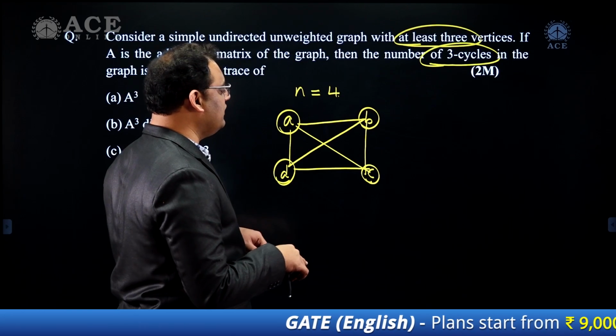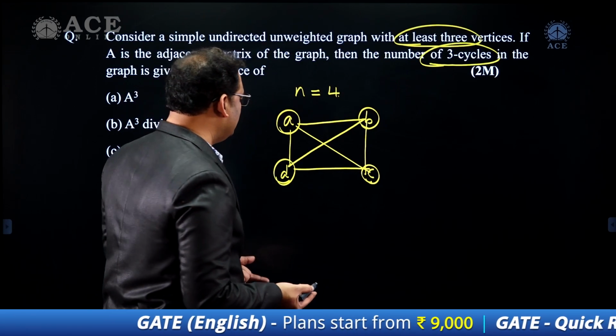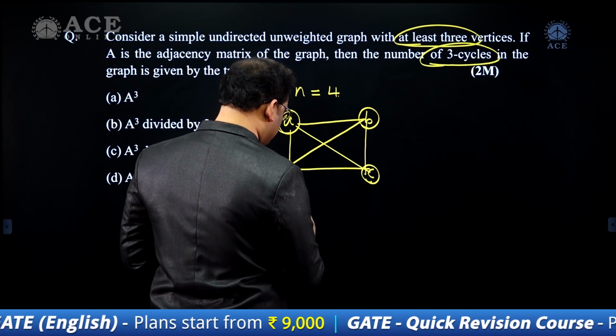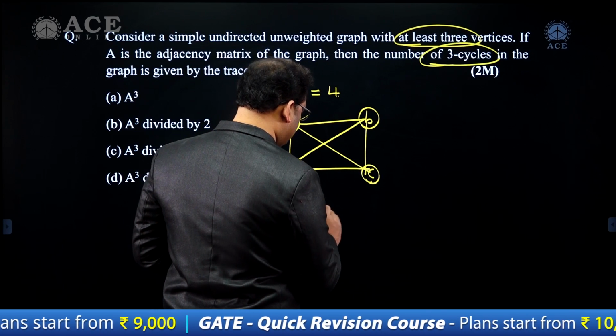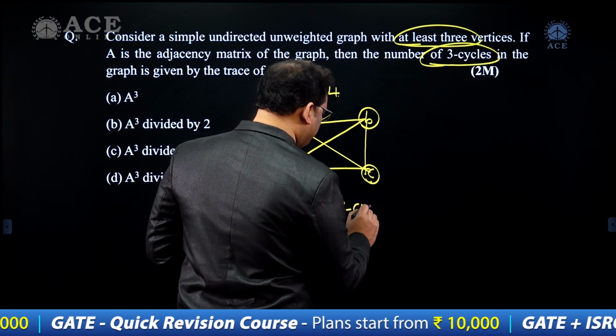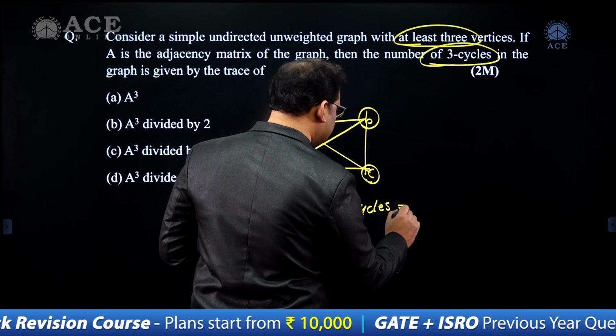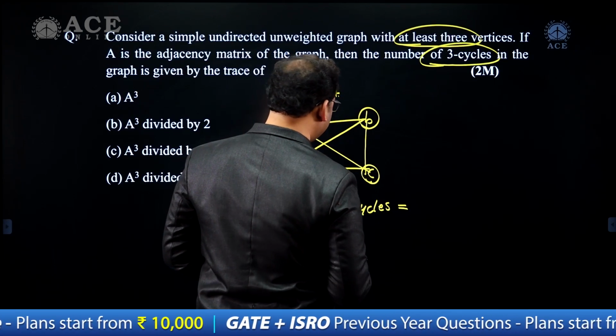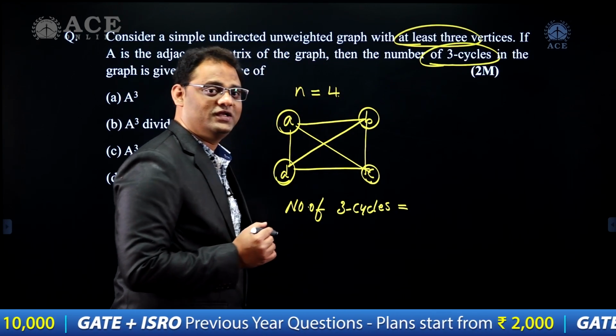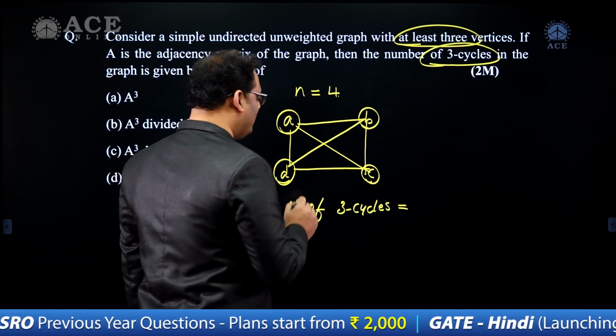So from this K4, we know very clearly the number of 3 cycles possible. 3 or 4, how many possible? Right? Yeah, 4 I think.